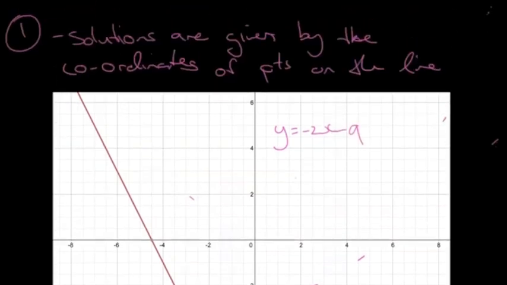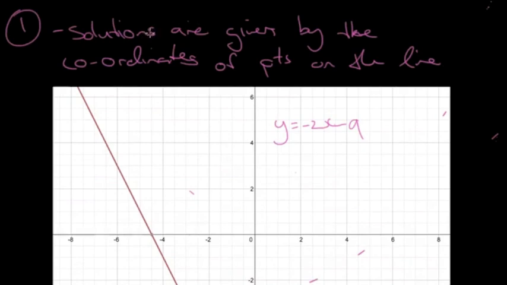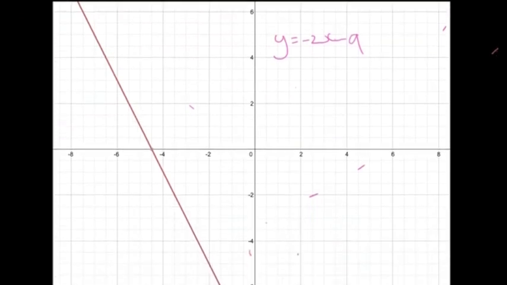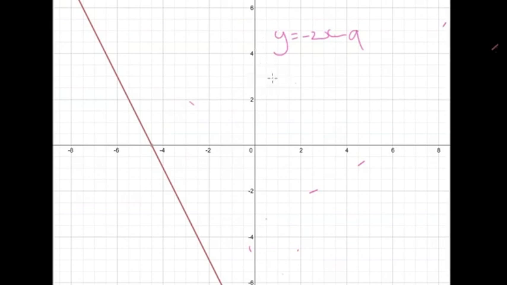Now, what we're asking is, how can we find the value of a point on this line if we know the value of one of the coordinates? So for example, we could ask, when y equals negative 6, what does x equal?